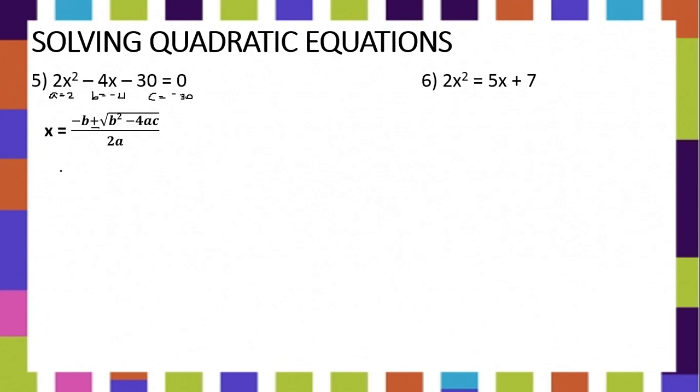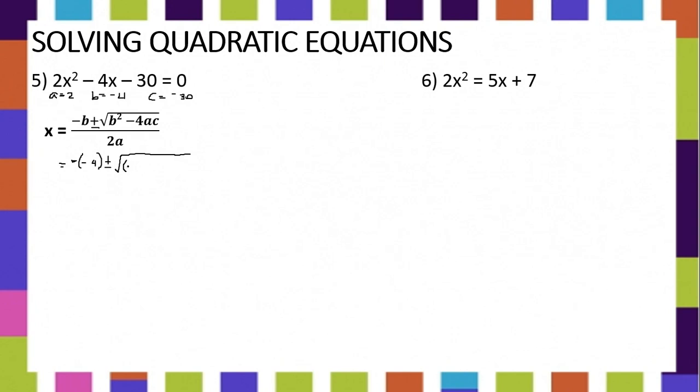Isa-substitute na lang natin dito sa given formula. Okay, so we have negative B, negative times negative 4, then positive, negative square root of B squared.